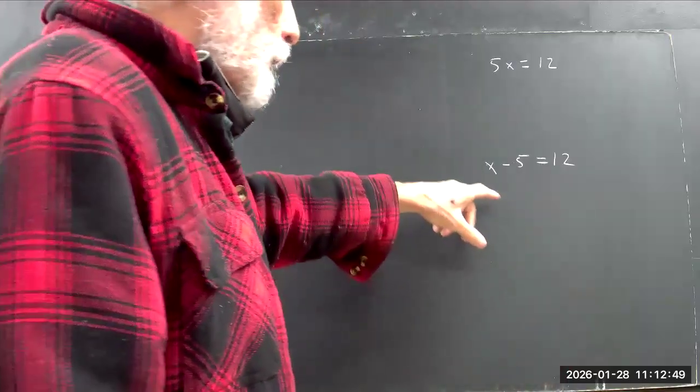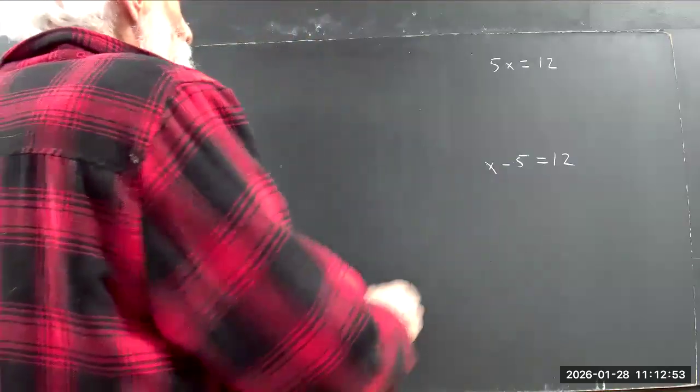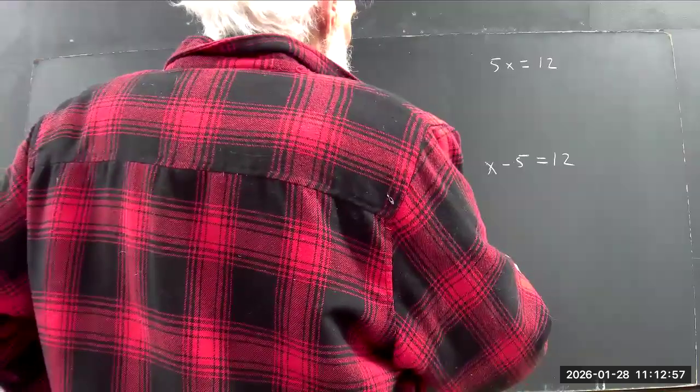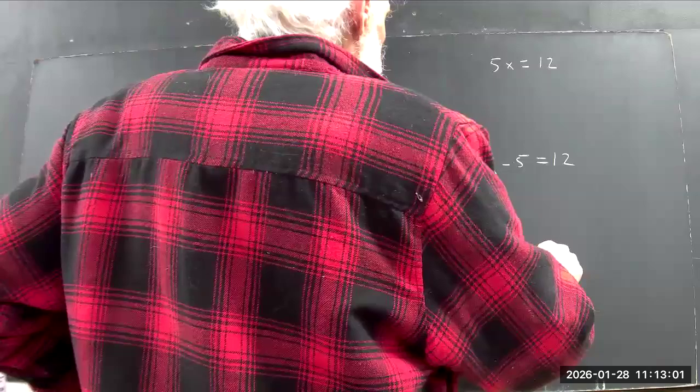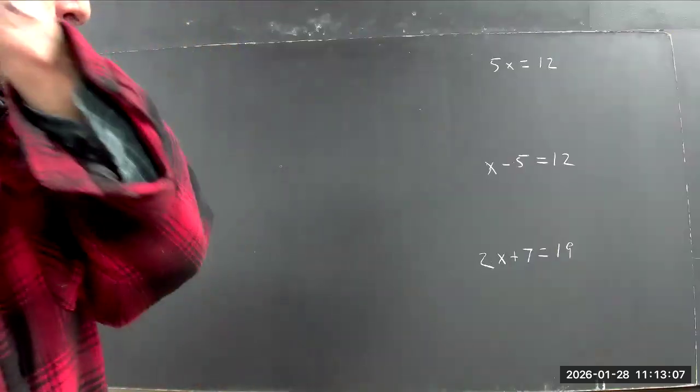I don't have much imagination, so I'm using 5 and 12 again, but differently. And then we'll have 2x plus 7 equals 19.